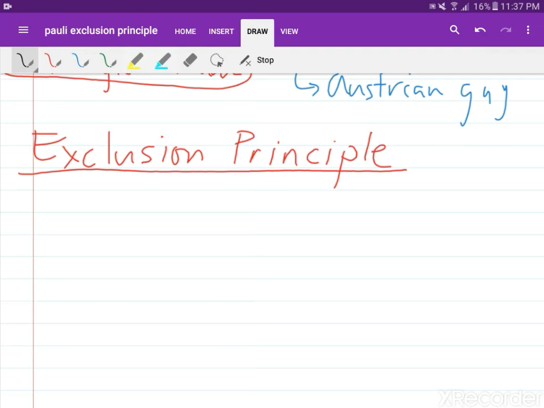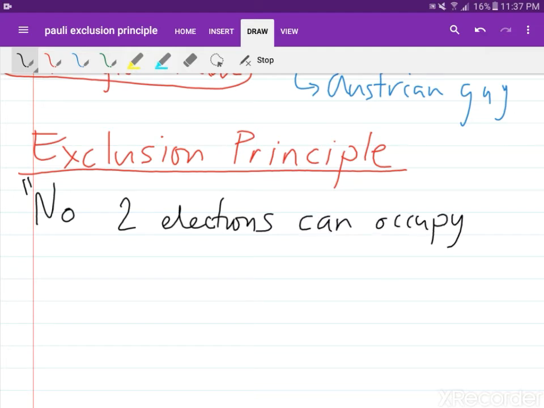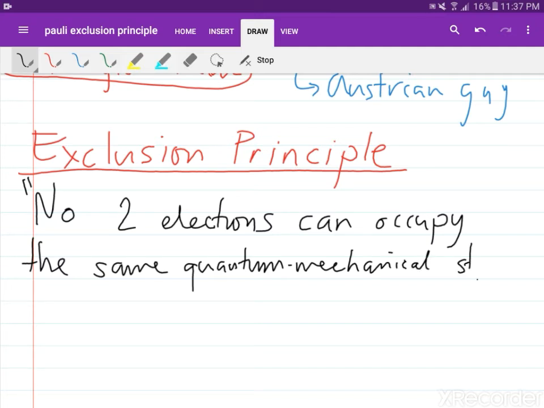Let's state it formally. No two electrons can occupy the same quantum mechanical state in a given system.